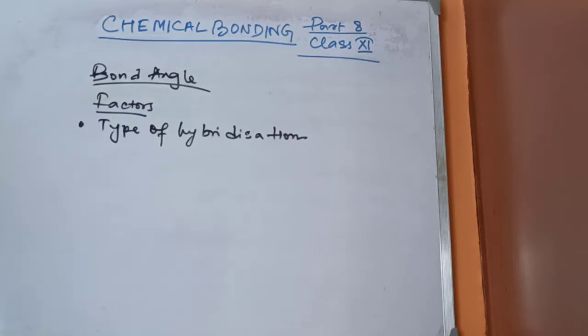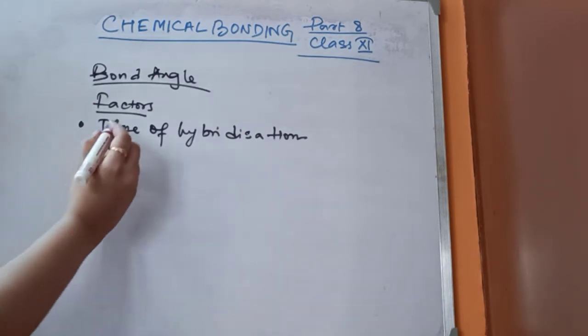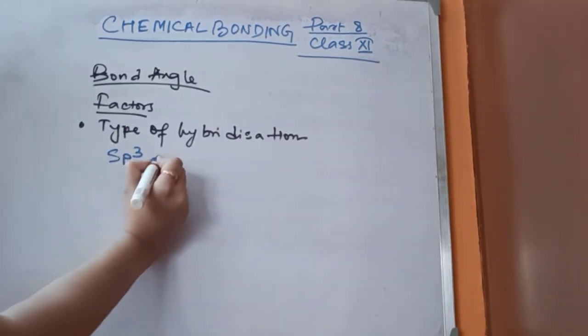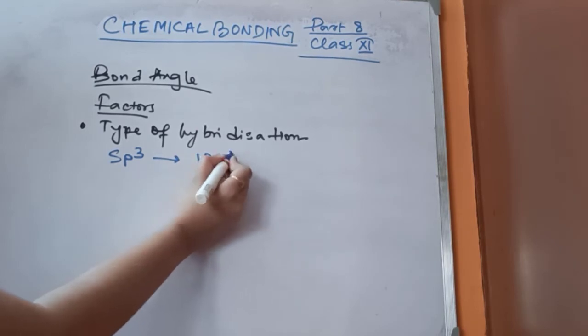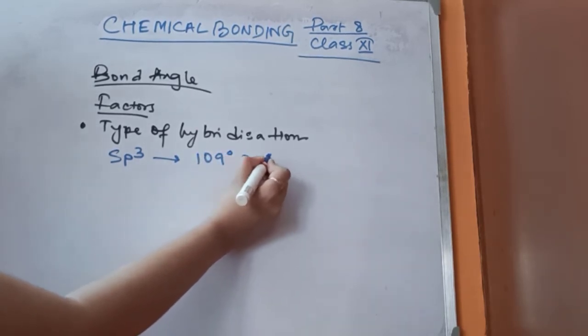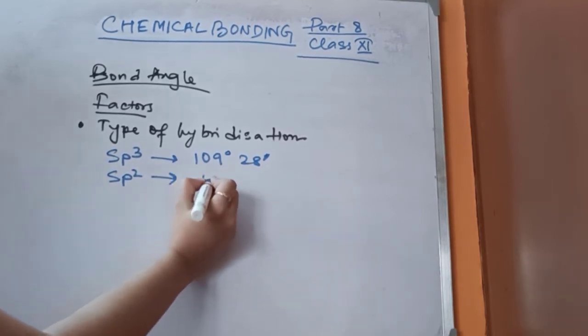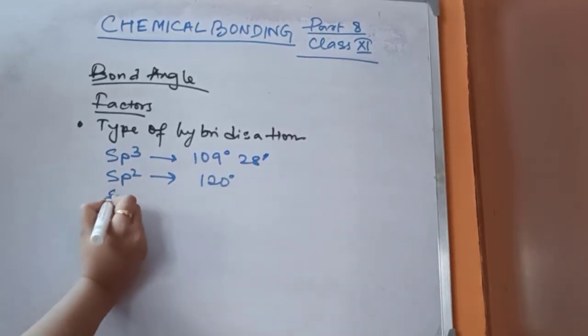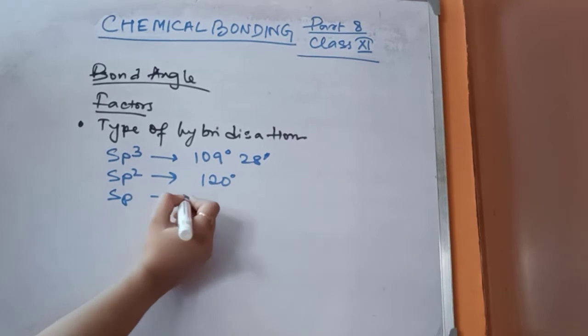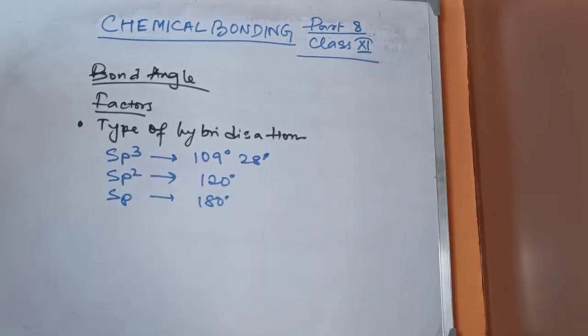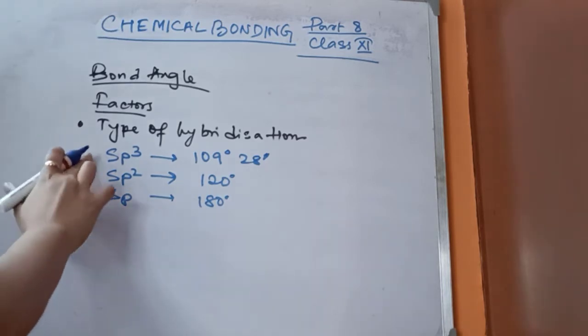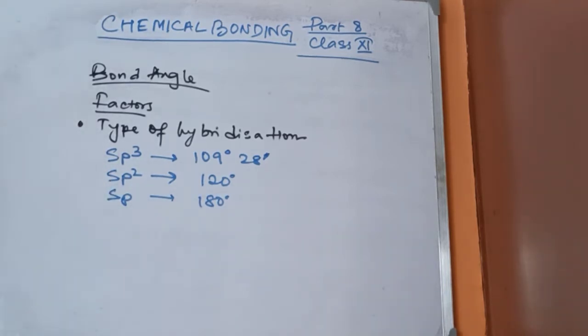In case of sp3 hybridization, the bond angle is 109 degree 28 minute. In case of sp2, the bond angle is 120 degree. In case of sp, the bond angle is 180 degree. So it basically depends on the hybridization of the central atom.